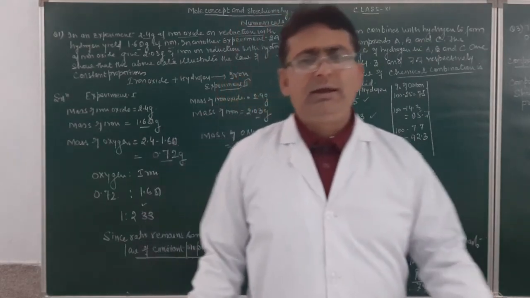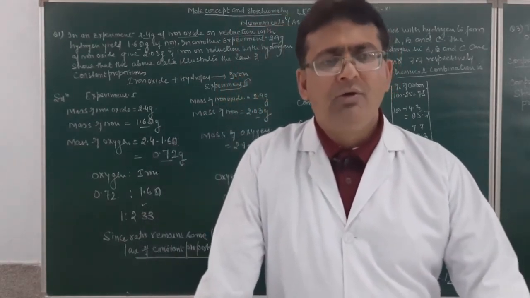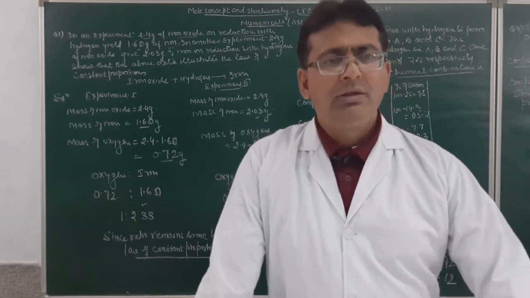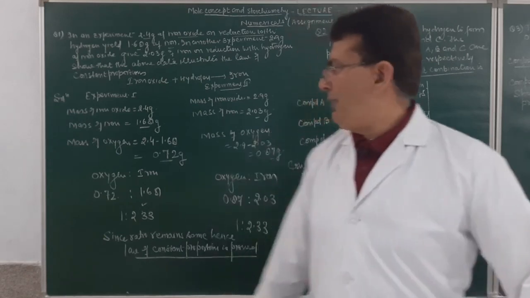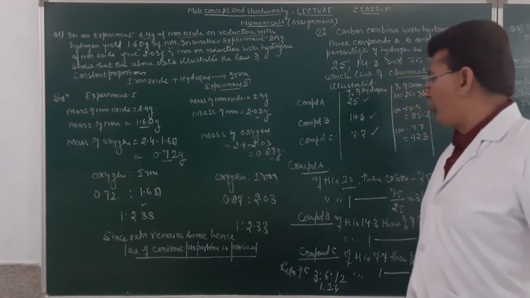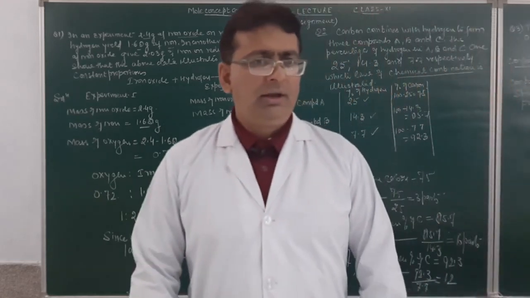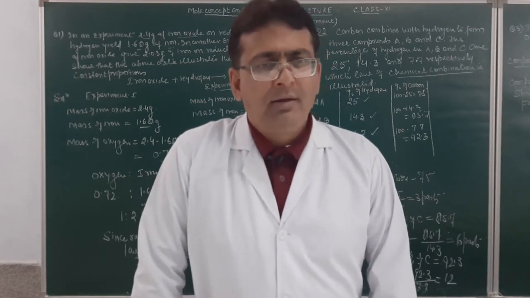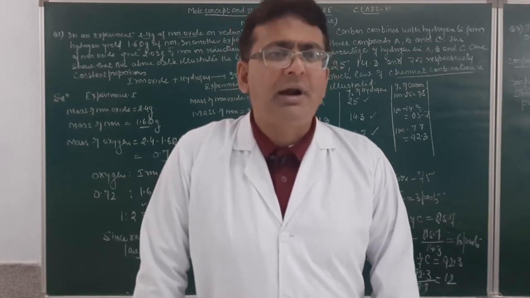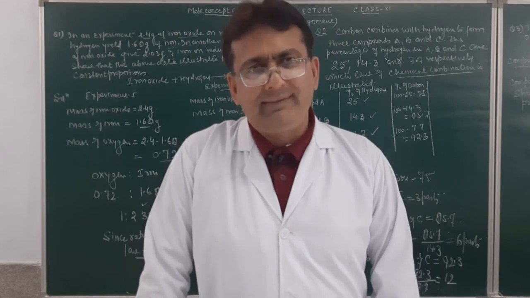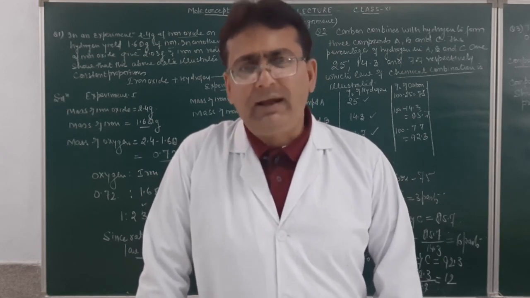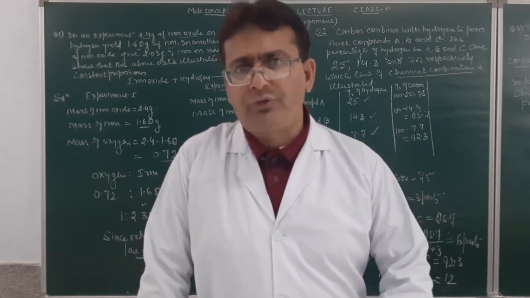So, student, in these first 2 experiments, we have done 2 numerical problems with you. First was based on the law of constant proportion and second was the law of multiple proportion. Now, in the third problem and the further problems, we will try to illustrate some more examples which will illustrate the laws.